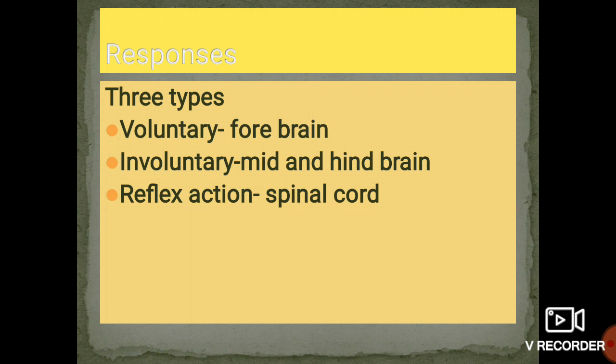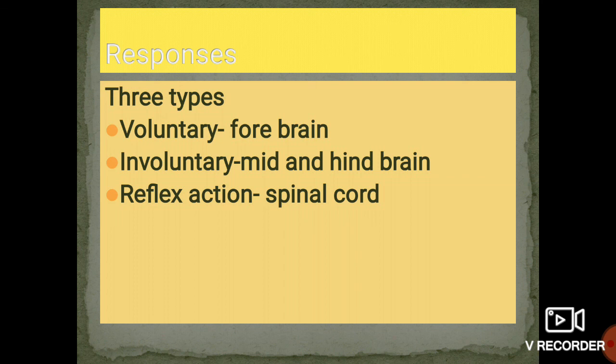Next is response. Responses are of mainly three types. The first one is voluntary response, the second one is involuntary response, and the third one, that we discussed, is reflex action. Voluntary responses are controlled by the forebrain.